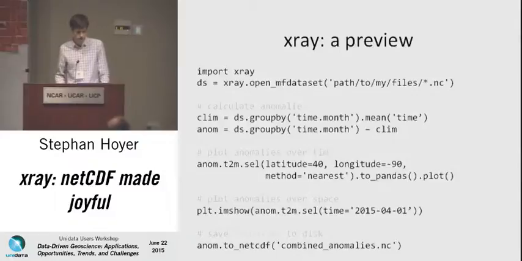So let me give a quick preview of what you can do with Xray, or at least an example of what we can do today, and some things could be a little bit easier. We can open up a data set, which could be a whole bunch of netCDF files sitting on disk. That's the top here. We'll open that up, and they'll all be combined into a large virtual data set.